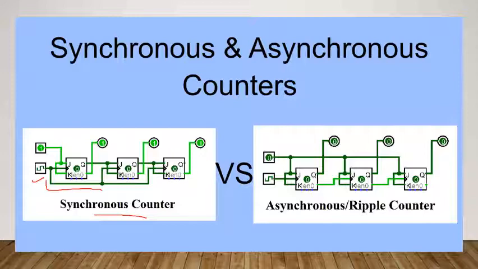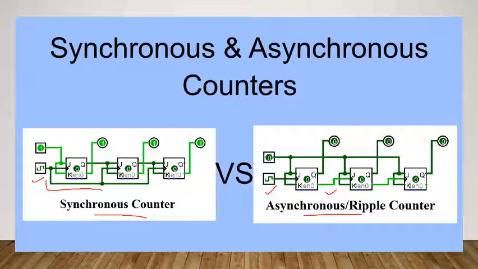And now we come on to the asynchronous or ripple counter. In this you can see this is the clock. The clock is going to the first flip-flop and it's directly not connected or shorted anywhere else. We can see this is the clock for the second flip-flop. So this is coming from where? It is Q bar of the first flip-flop. So it can come from anywhere.